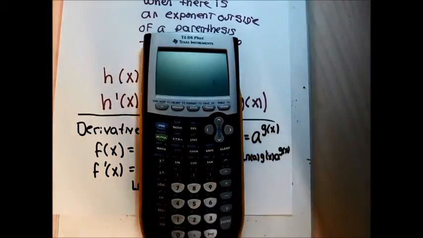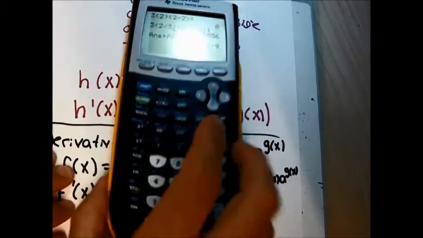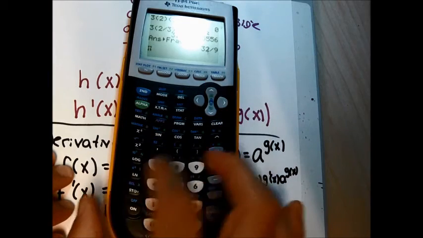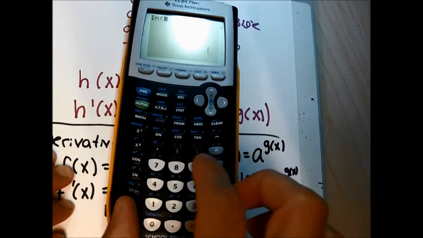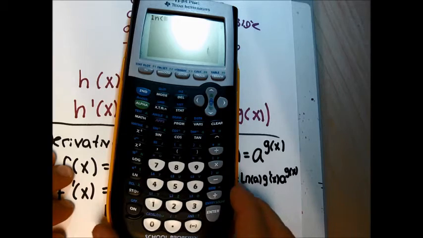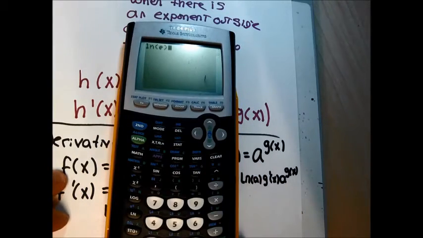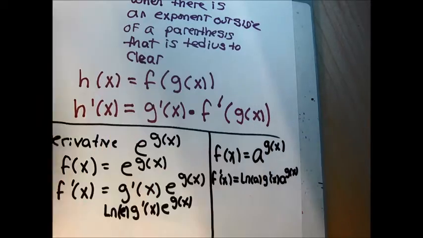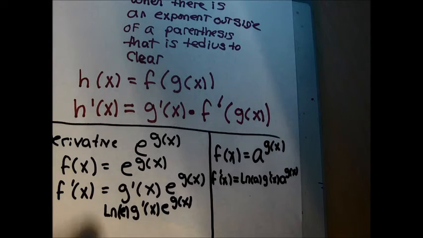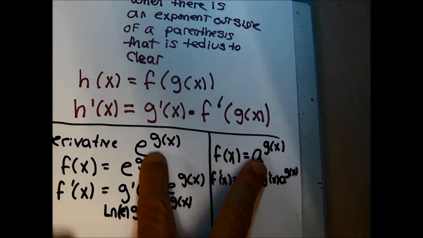If I did ln, and then e, which is on the divide key, second divide, there's the ln of e, and it's equal to 1. So the reason the e rule doesn't have the ugly ln in it is because this piece is equal to 1. So these are really essentially identical rules.